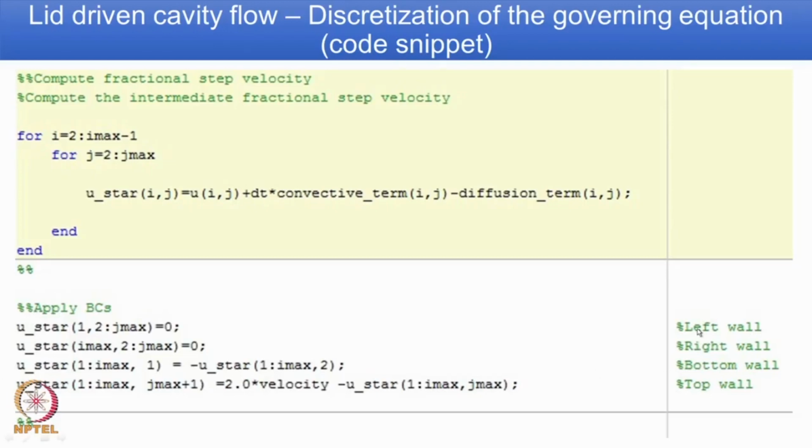So, we have a left wall, right wall, bottom wall, and on the top wall we have a velocity specified for u. So, u star 1 to i max, j max plus 1, that is on the top ghost grid line, is equal to 2 into velocity minus u star 1 i max and j max.